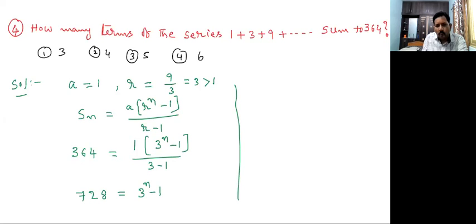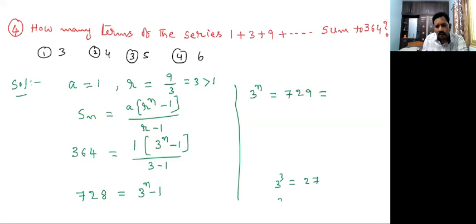Now, what is 3 power n? Minus 1 send to the left hand side. Already 728 is there. It is going to be 729. Now how to write 729? 3 cube? How much? Just go to the verification method. If you take n value 3, you will get 729 or another value. 3 cube means 27.